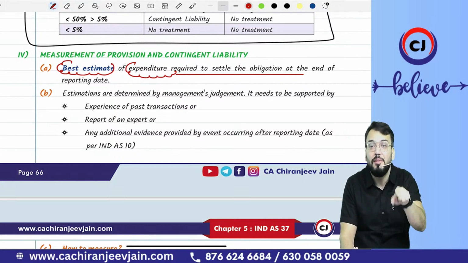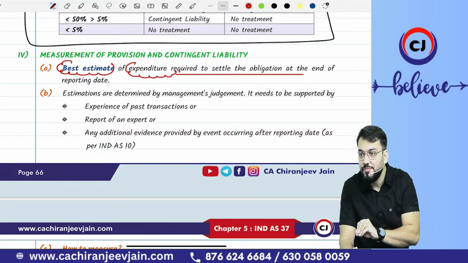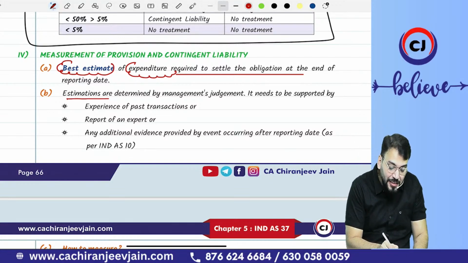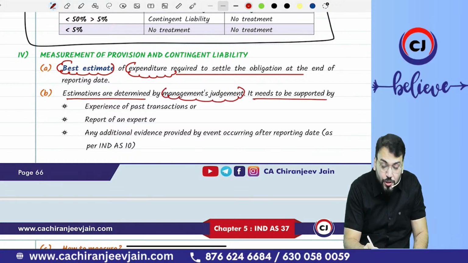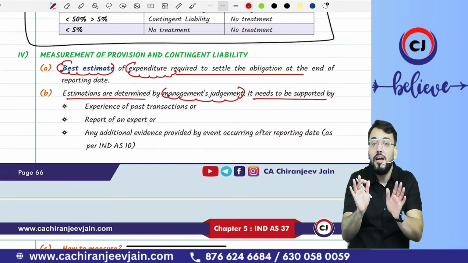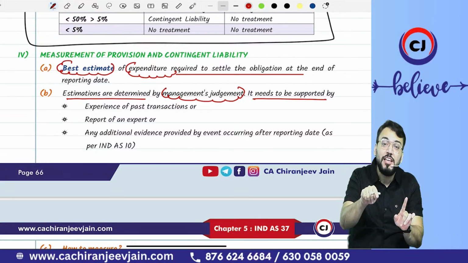So estimation will be given as per management judgment, supported by some evidence. Whatever judgment has been given by management requires some support, some evidence.